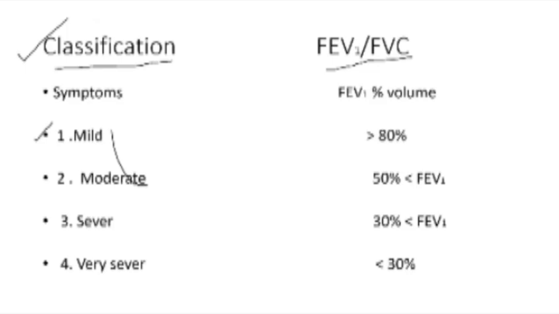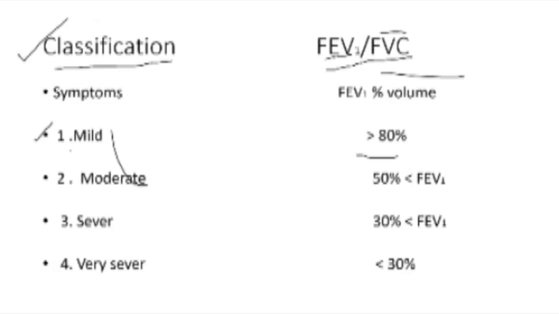FEV1 means forced expiratory volume in the first second. Then what does FVC mean? Forced vital capacity. In mild COPD, if the FEV1 is greater than 80%, then it comes under mild COPD.